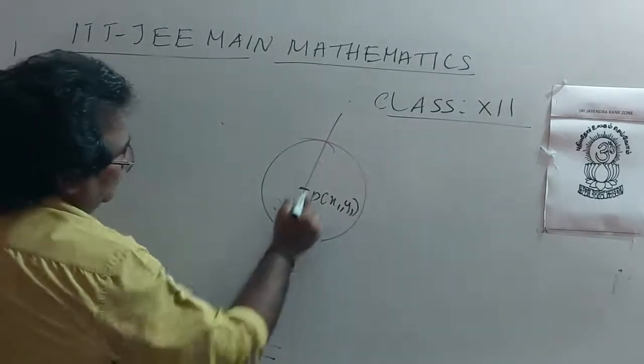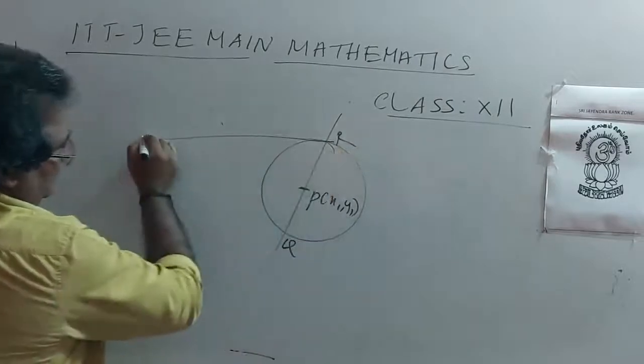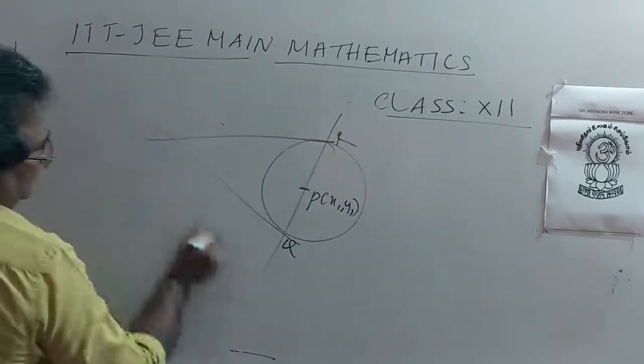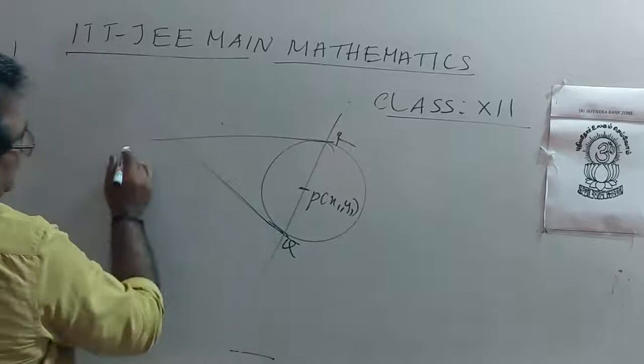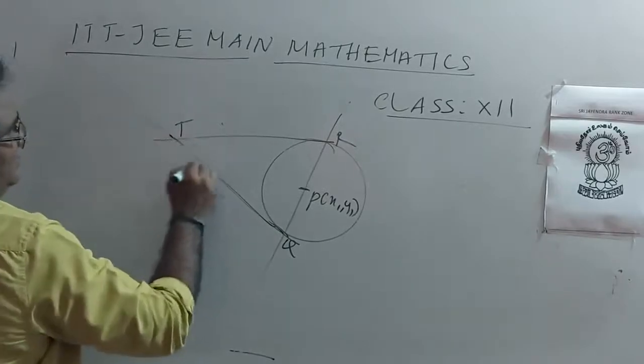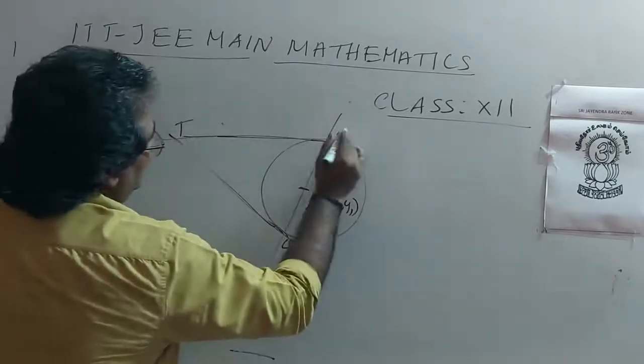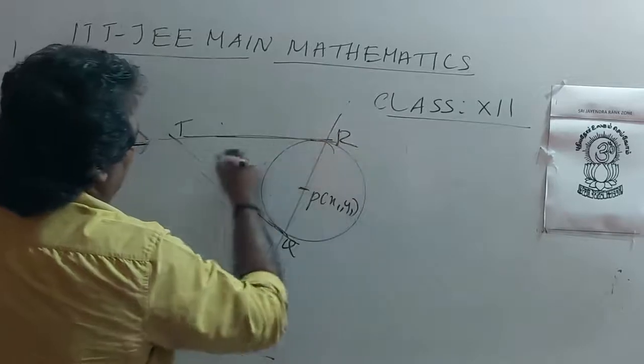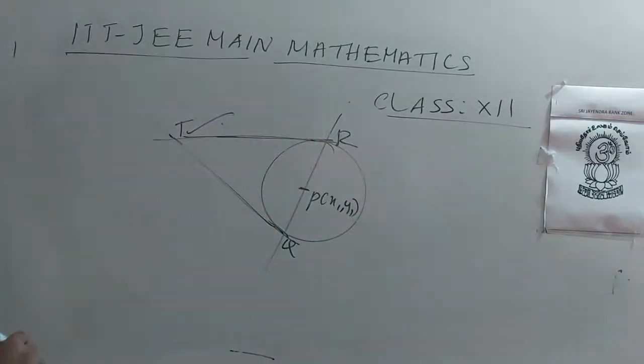So the tangents can intersect at a point. The locus of T is called the polar of the point P. So P can be anywhere in the plane of the circle.